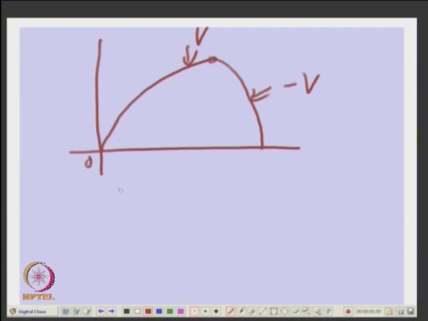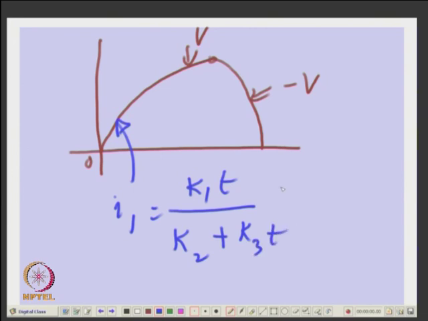And one of the equations here, I1 will be some constant T divided by some constant k2 plus k3 T, so many amperes. Okay. Again this is a question of solving the equations, I am just giving you one idea. This is one of the procedures, of course, because of limitations of time we can't go into it, but I think you can read through, you are aware of differential equation solving.